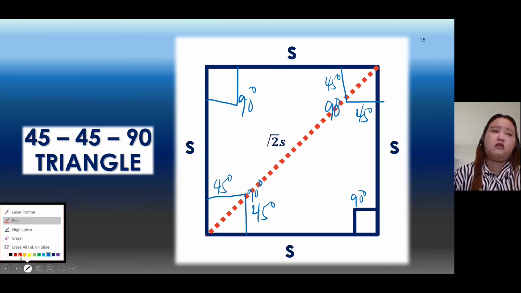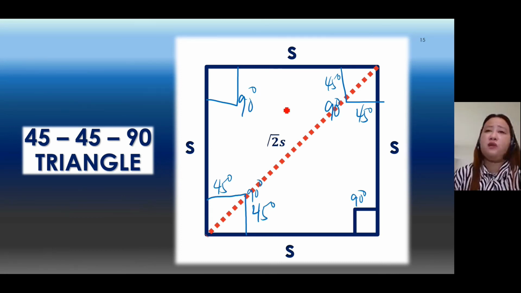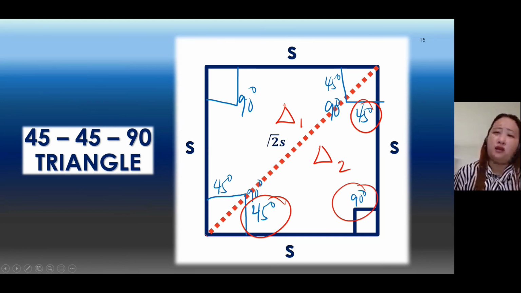So we are able to come up with two triangles here. Okay? So the 45, 45, and 90 triangle. So we do have here square root of 2. That is after determining the label for this by Pythagorean theorem.